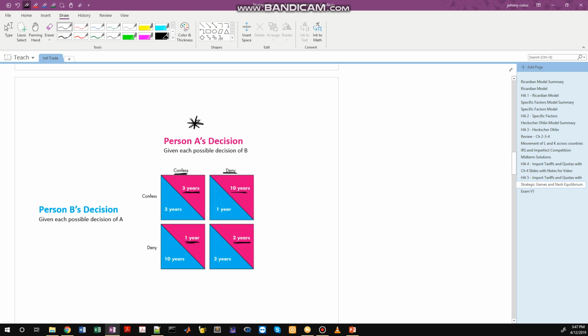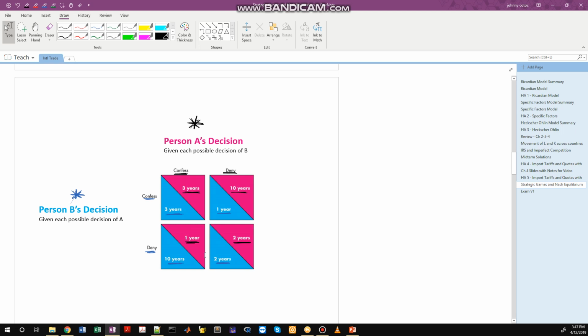So those are the payoffs for person A. And then over here, we have person B, and they also have the choice to confess or deny. And these are their four payoffs, depending on each of the four cases, which is basically 2 times 2 is 4, right? So depending on what each player does, there's a different payoff.